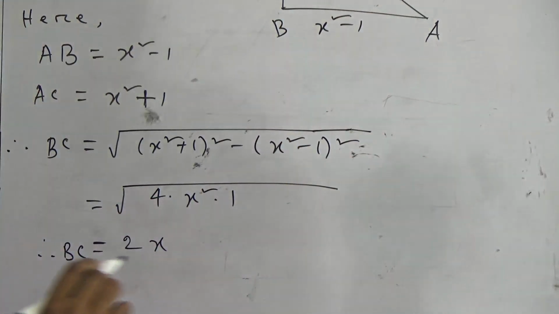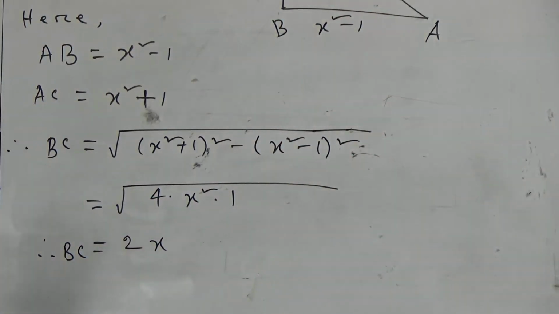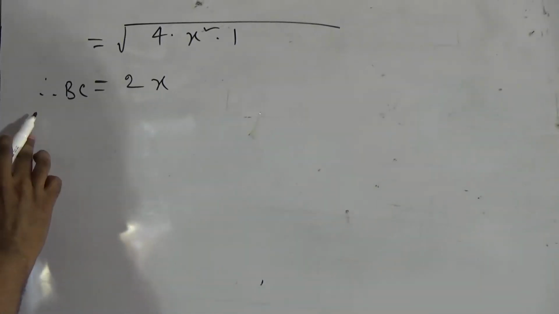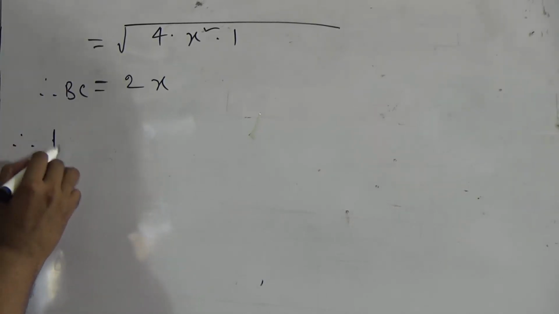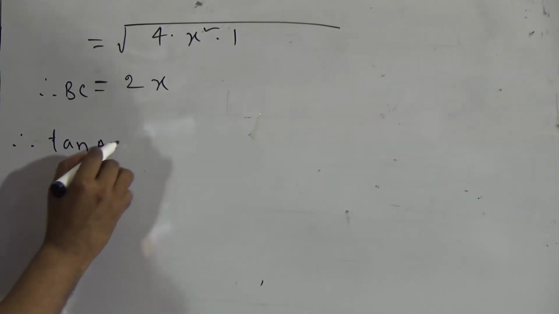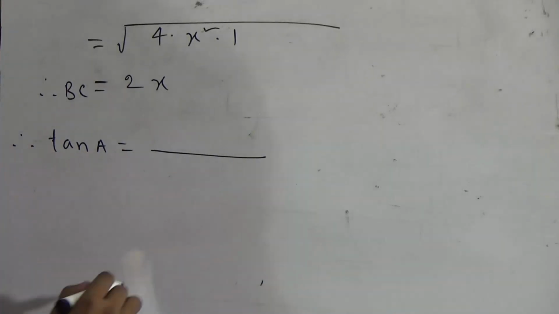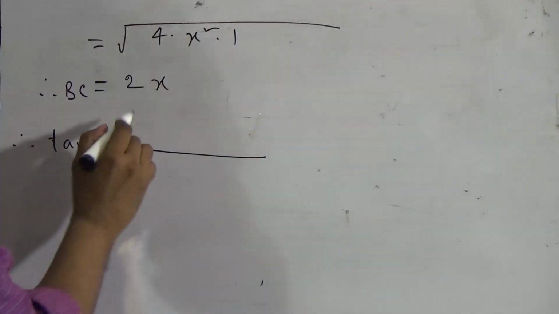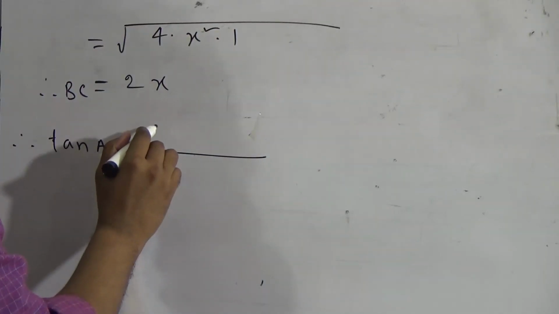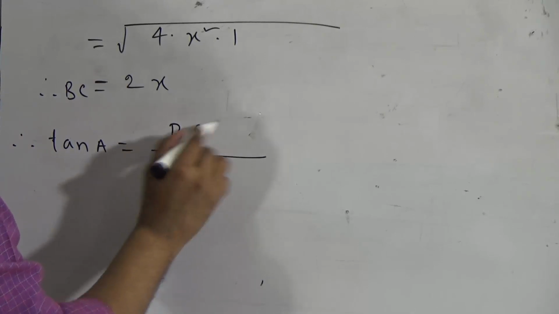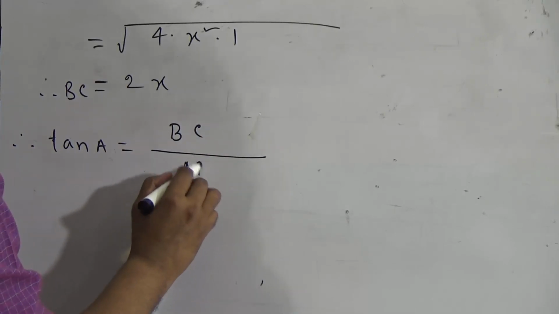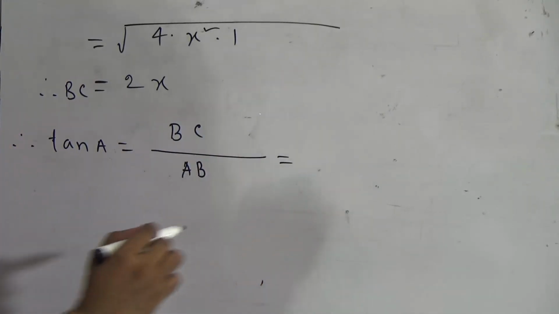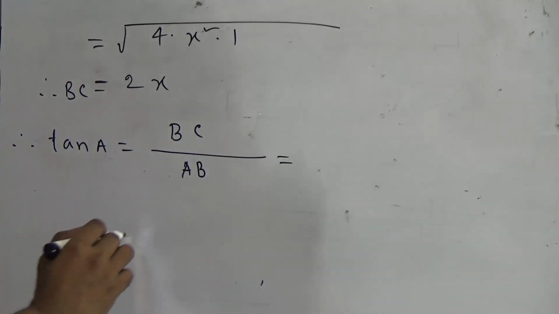Dear students, now we can easily find out the value of tan A, cot A, sec A and cosec A. At first, tan A equal to BC by AB. We know that tan theta equal to opposite side divided by adjacent side.